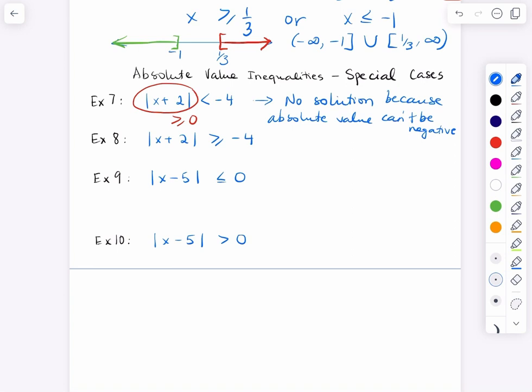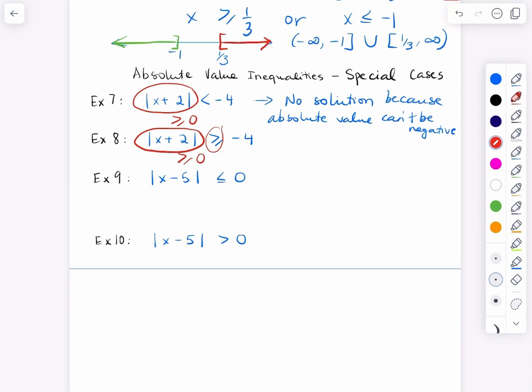Now this next one is the opposite. We have the absolute value of x plus 2, which we know is always greater than or equal to 0. Well, if something is greater than or equal to 0, of course, it is always going to be greater than negative 4, no matter what. Now, when you see greater than or equal to, you really only have to satisfy one of the conditions.